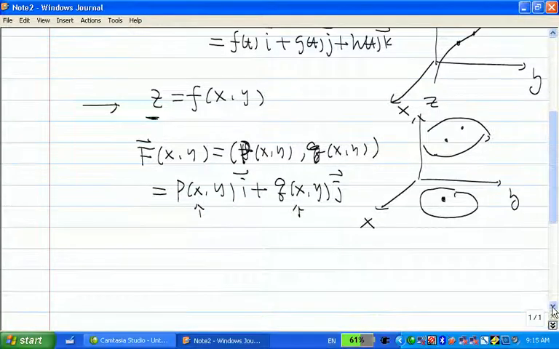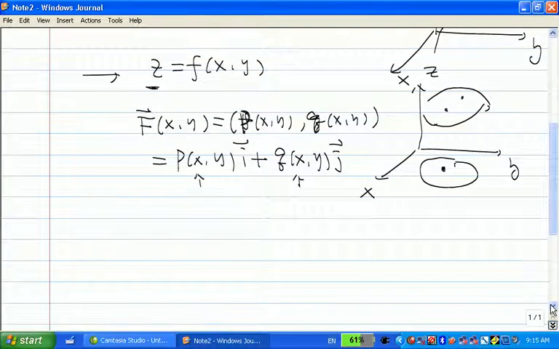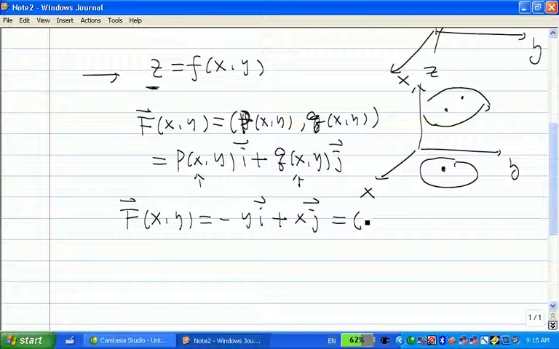So what's the graph of that? It's a graph with a vector field. For example, say f(x, y) equals minus y i plus x j. In other words, it's (minus y, x).